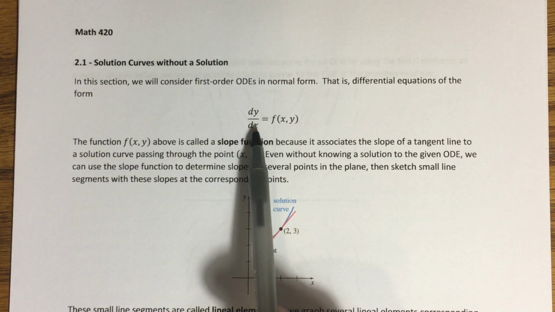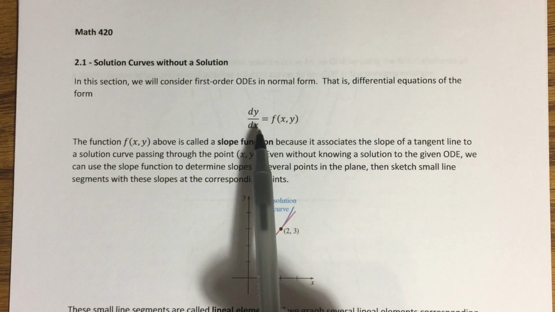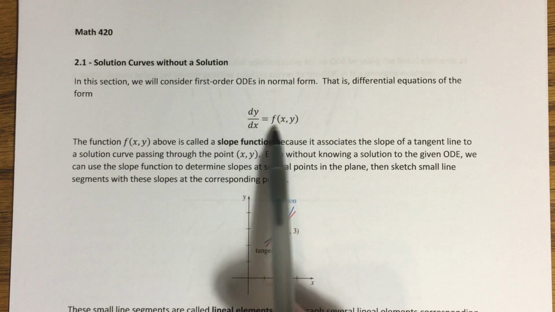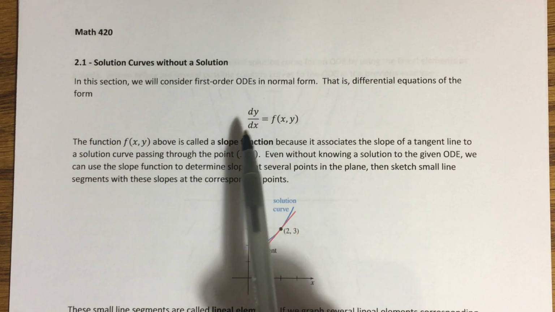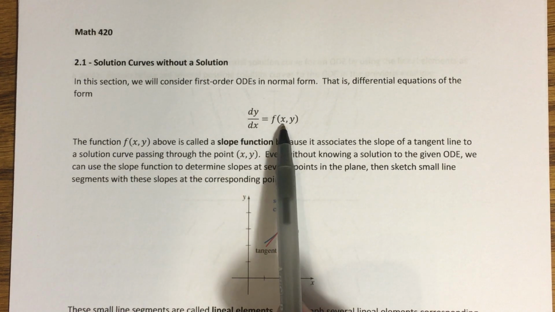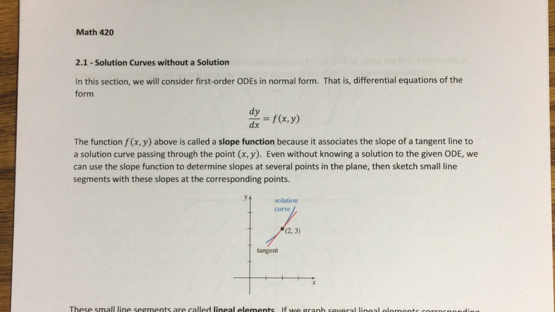Now, looking at a first order equation in normal form and thinking about it in terms of what we know a derivative to represent, this gives us some information about a solution curve. What we have here is dy/dx equals a function of x, y. x and y are the coordinates of a point in the plane, and dy/dx represents the slope of a tangent line to our solution curve at that given point.